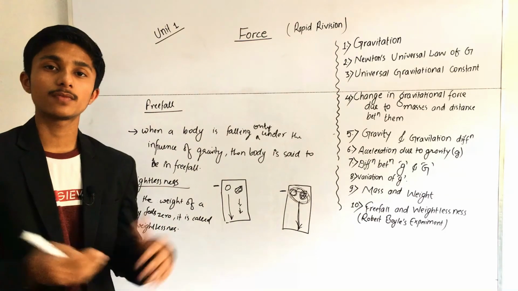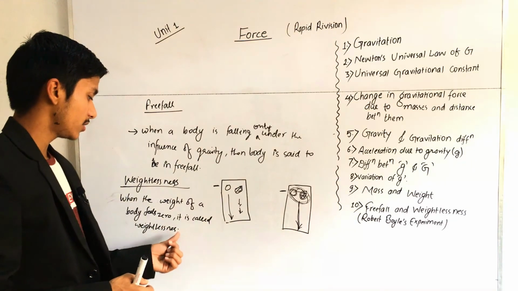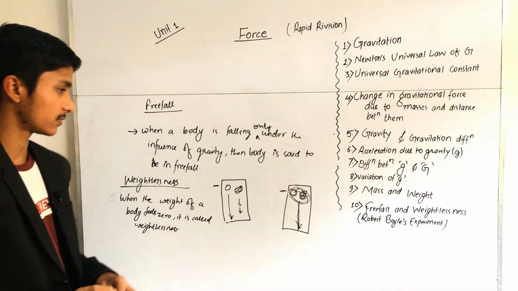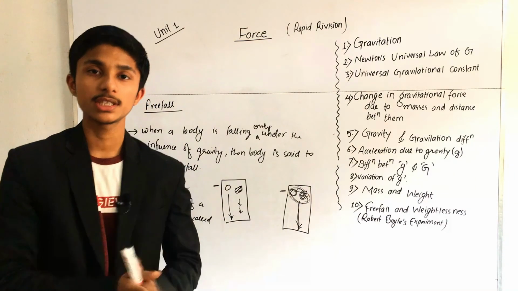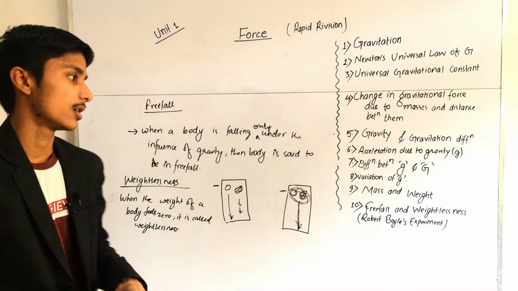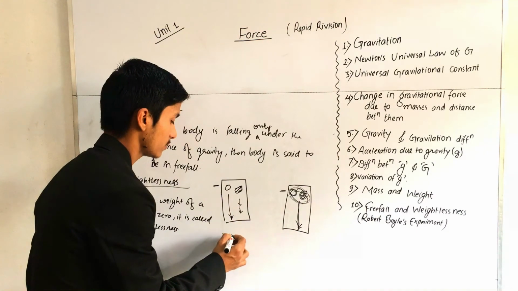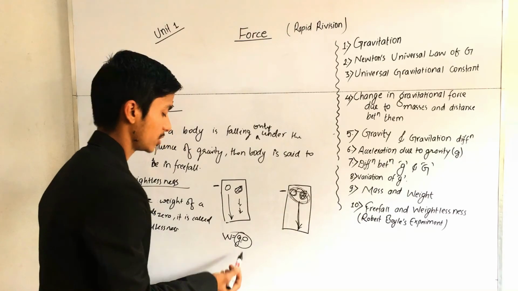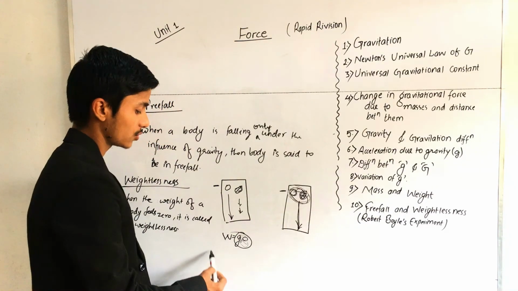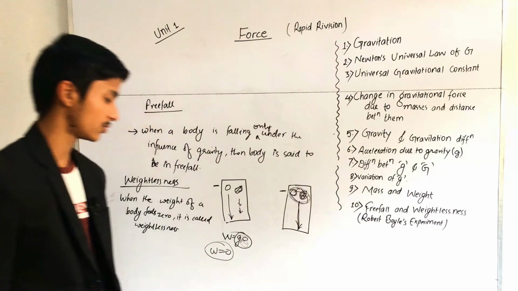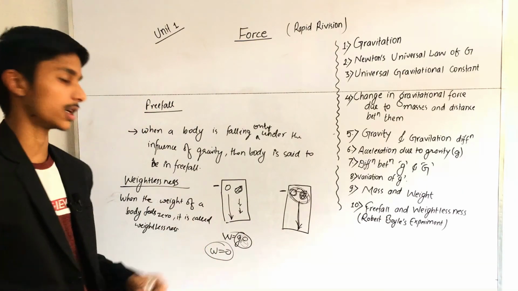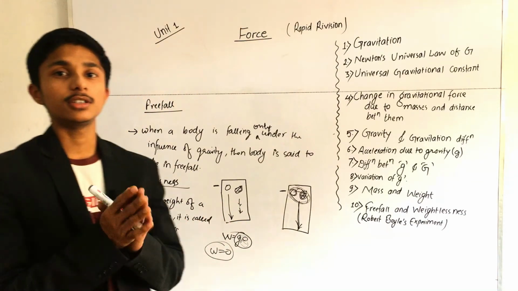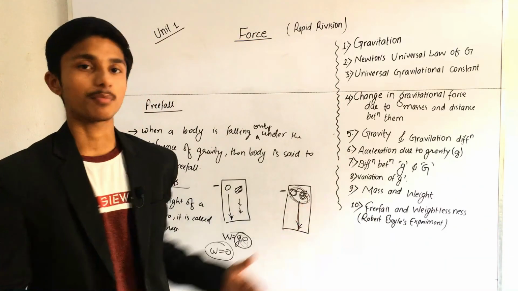When the weight of the body is zero, that is weightlessness. It means the weight of a body in this case is 0. And why does the weight of the body become 0? Because g is equal to 0. So when g is equal to 0, W will be 0, and this condition is said to be weightlessness. So our lecture ends here, and in this lecture we have discussed these 10 topics.